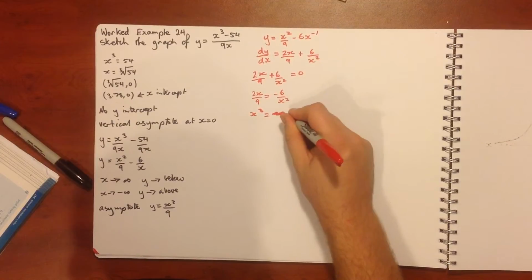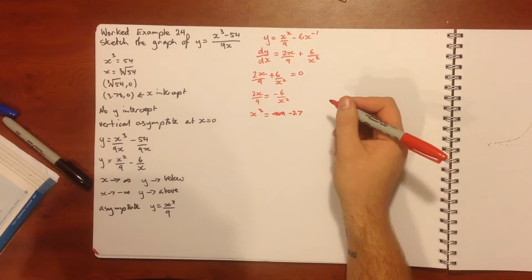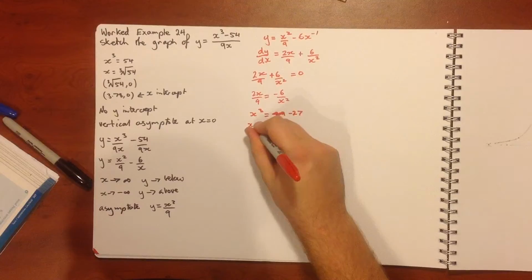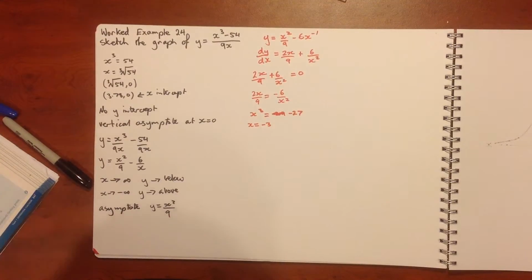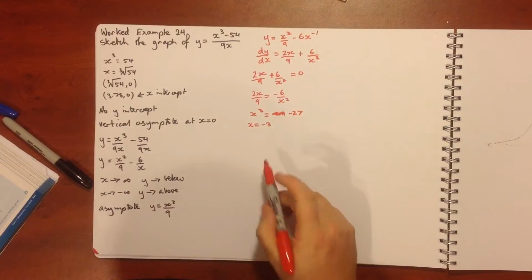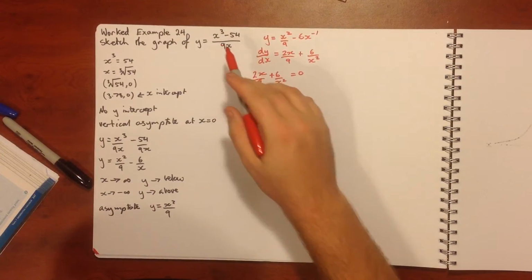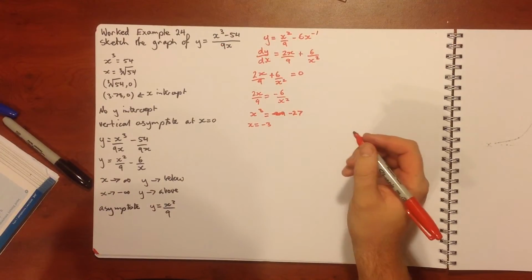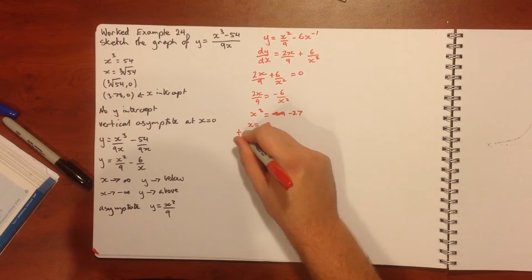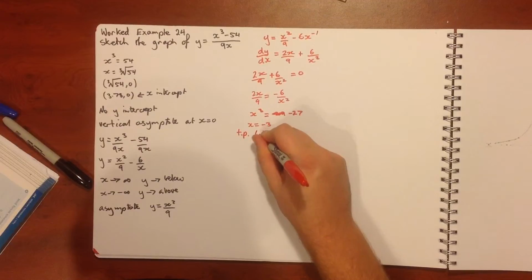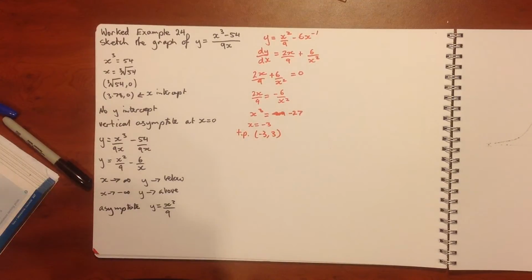So x is going to equal minus 3. So we're going to get a turning point at x equals -3. When we sub -3 back into here, we get +3, so we get a turning point at -3, 3. Okay, so we're getting there.